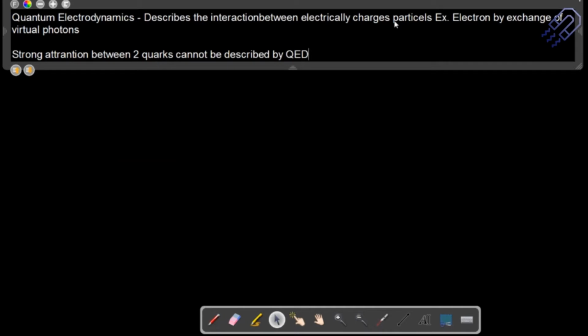You've got two charged quarks, and the chances are that they will repel. Quantum electrodynamics does not explain that, because as per QED, two like charges will repel. So we need quantum chromodynamics in the picture.